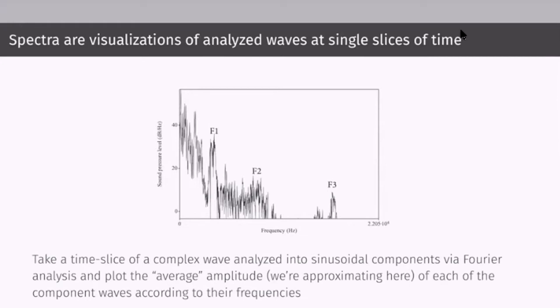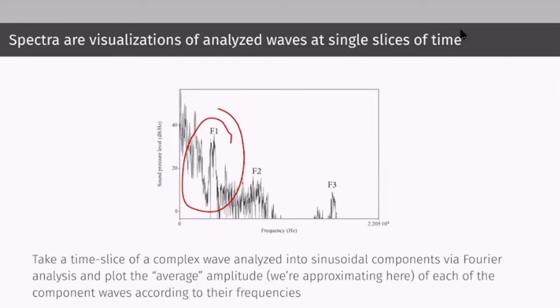So each of the little lines you see sticking up there represents a sine wave with a particular amplitude. And spectra are very useful because they show the distribution of energy within a complex wave at a particular point in time.